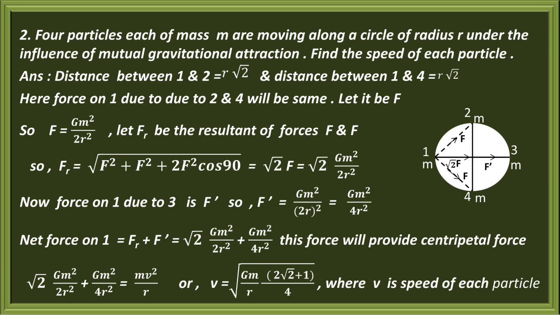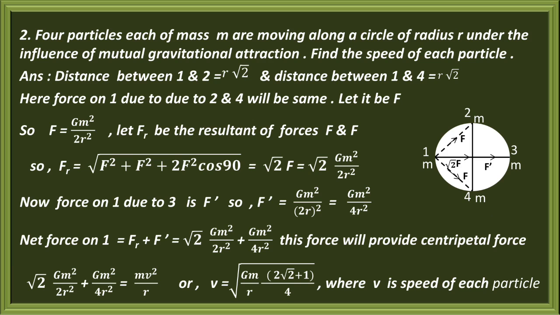Let us suppose that v be the speed of each particle, and you can see in the figure there are 4 particles, particle 1, 2, 3 and 4, each having mass m. So first of all, we find the force on m due to particle 2 and particle 4.